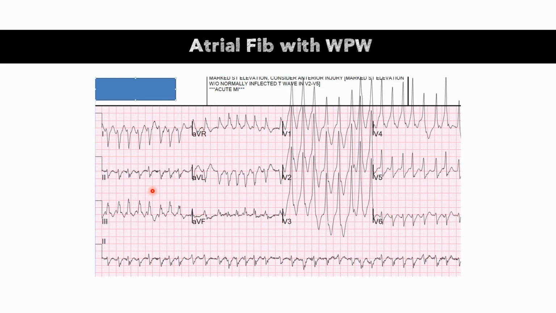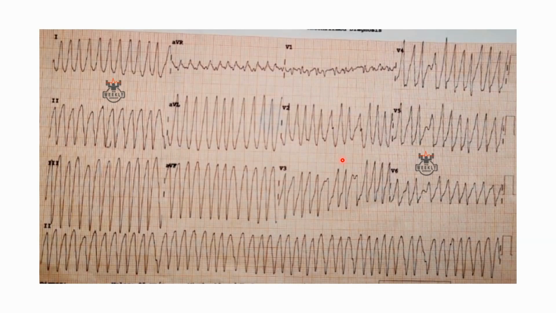But if they have this rhythm, if they have AFib with WPW, which has a characteristic morphology, it's very fast, it's very irregular, and the shape of the QRS complexes change in size and amplitude, and this is probably better. Also see that the ventricular rate is conducting about 300 times a minute.